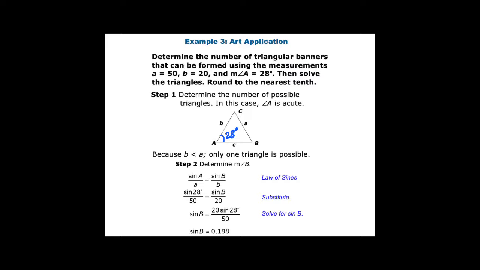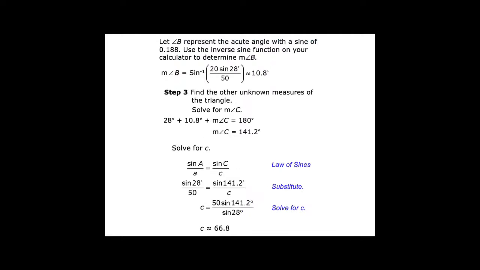Step 2, determine the measure of angle B. So if you do sine of A over a equals sine of B over b, and plug in the numbers that you know, then you get sine of B to equal 0.188. And let angle B represent the acute angle with a sine of 0.188.